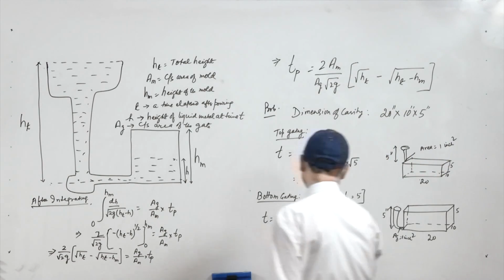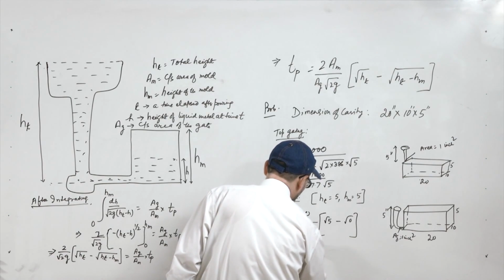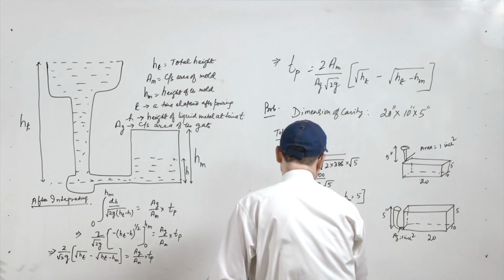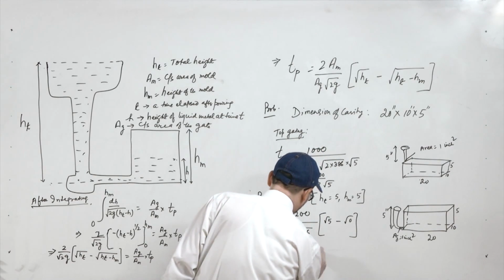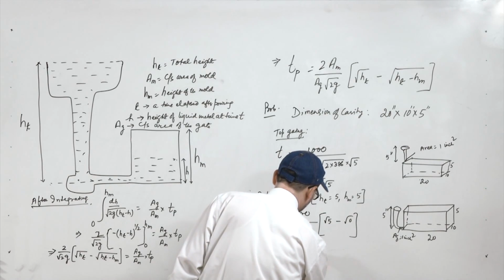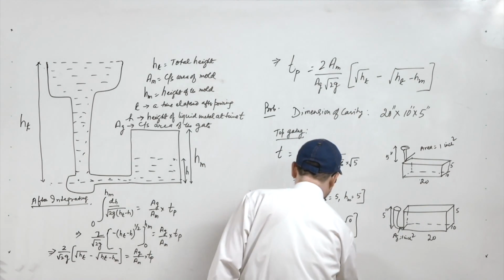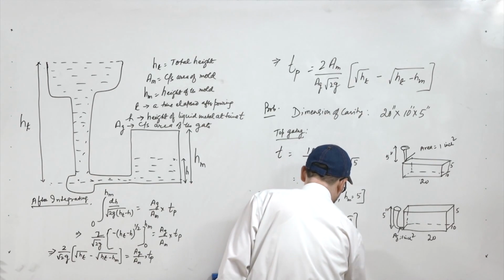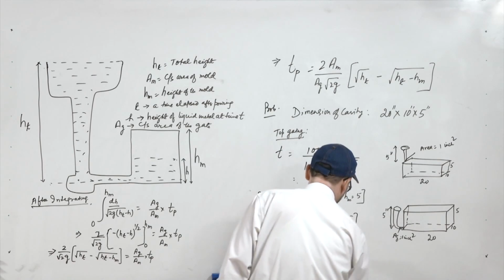So, it will be taken as 2 into 200 into 5 upon 27.7 root 5. So, that is 2000 upon 27.7 root 5.